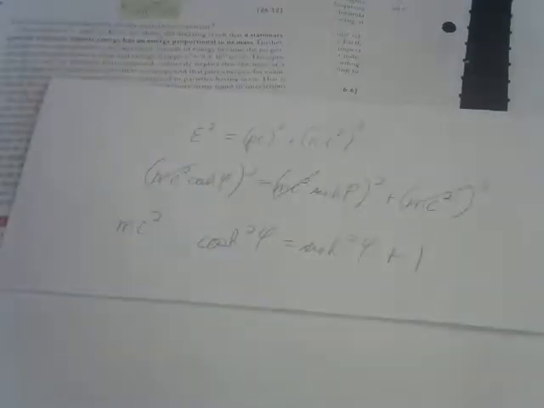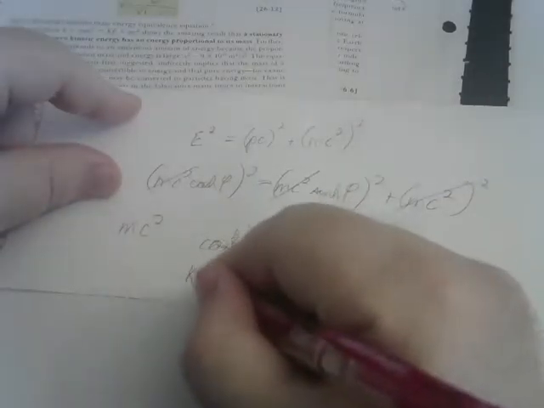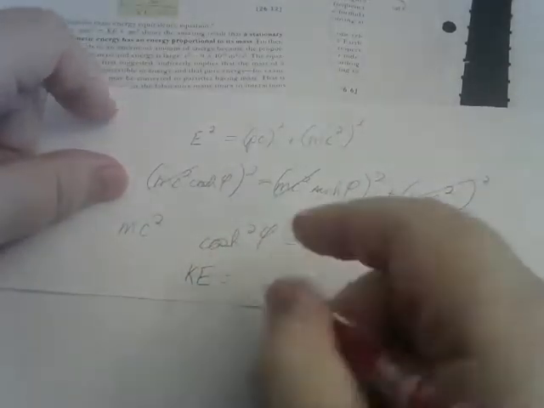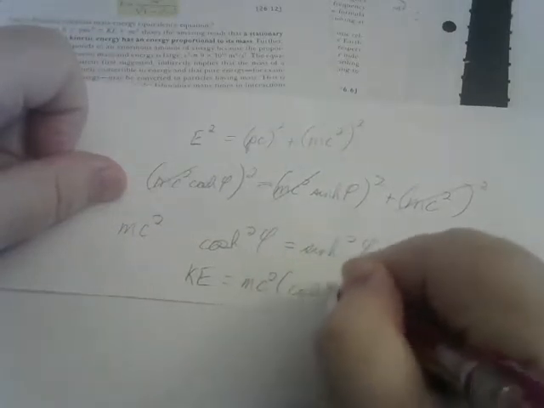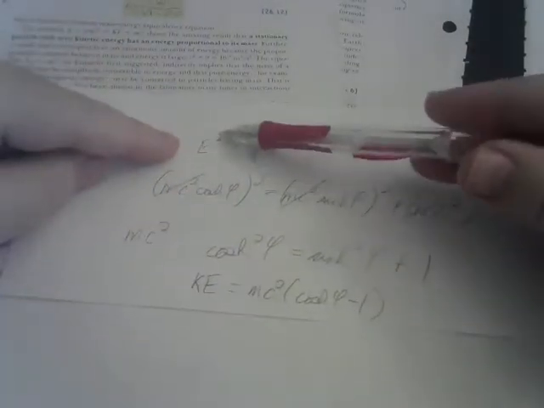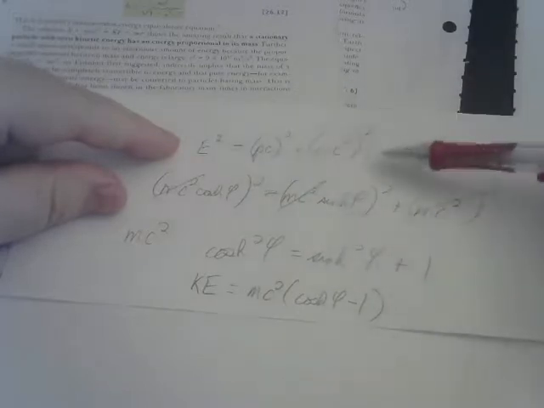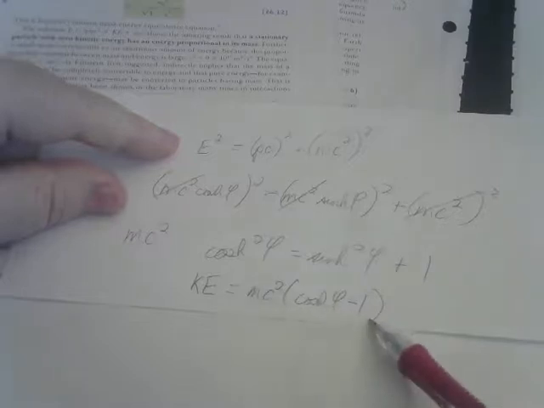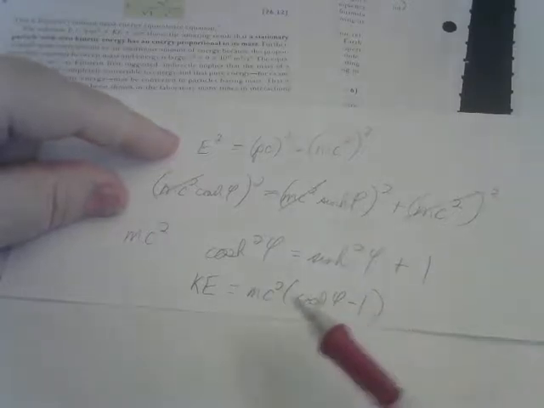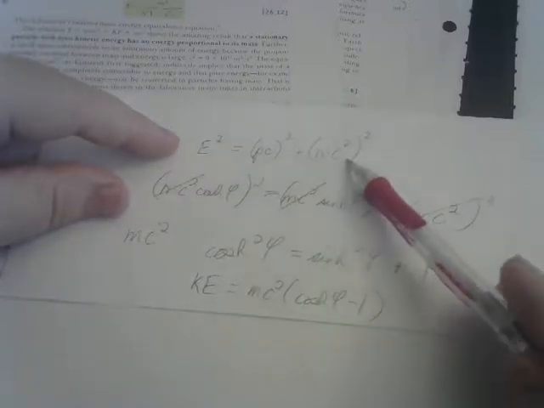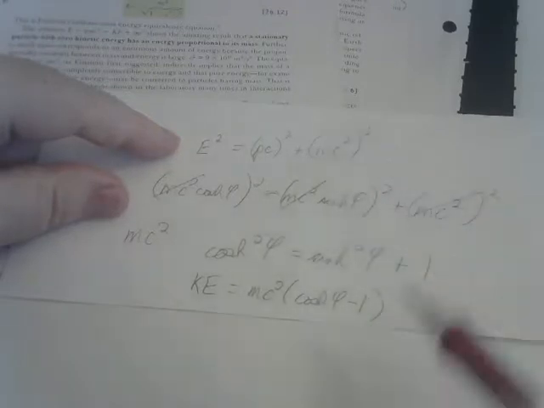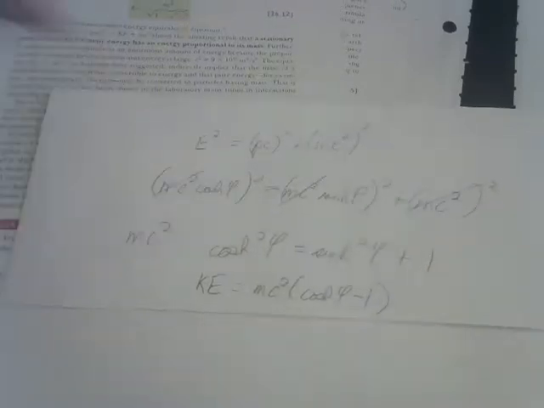But the kinetic energy is mc squared times cosh phi minus 1. So none of these terms up here is the kinetic energy. The kinetic energy is mc squared cosh phi minus 1. The rest mass energy is in there, mc squared, which is associated with that minus 1, I guess.